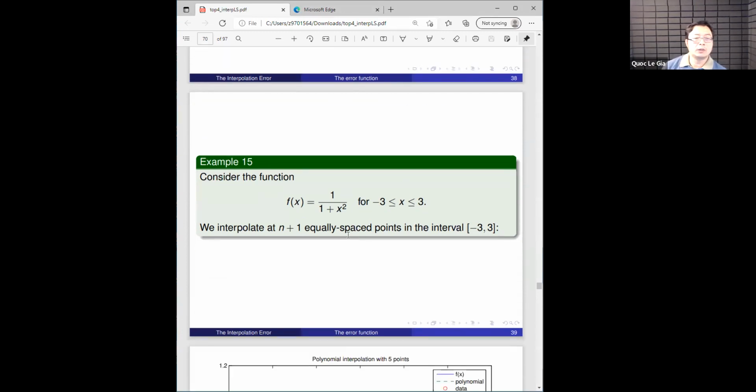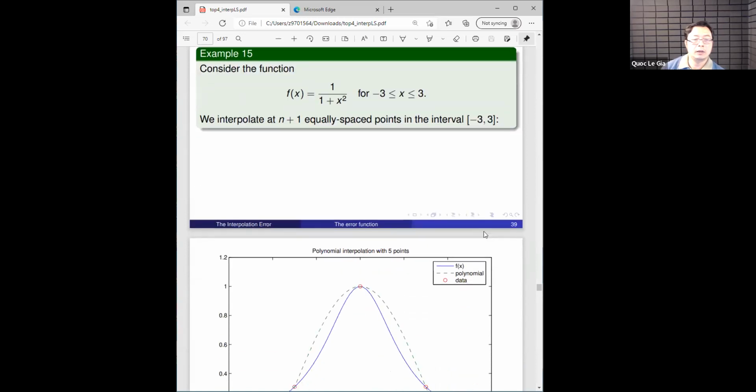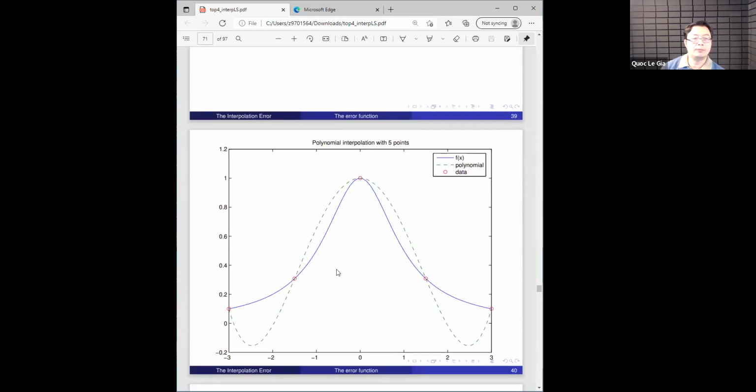So now suppose you have this function f, which is just 1 over 1 plus x squared, and you try to interpolate over equally spaced n plus 1 points over the interval minus 3 to 3. Okay, so now we just do some Lagrange interpolation, and you see that the function f, the blue curve, is the exact function, and the polynomial is the green curve.